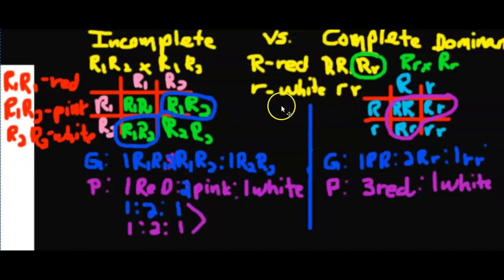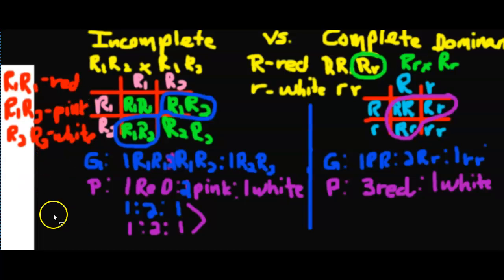Complete dominance only has 2. Incomplete, red, pink, and white. Complete, red and white. With the complete dominance, the dominant allele was able to mask the recessive. But over here in the incomplete, there is no masking.